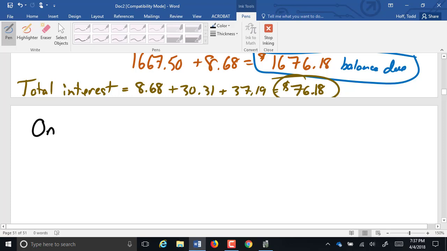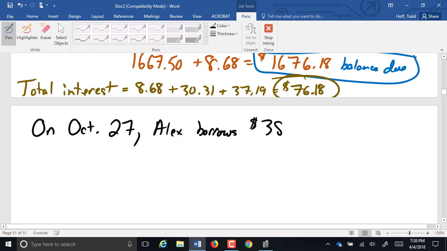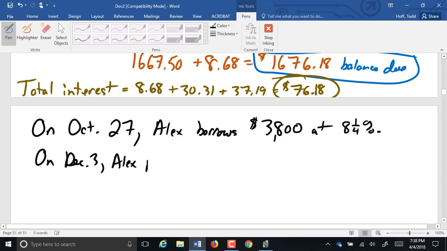On October 27th, Alex borrows $3,800 at 8.25%. On December 3rd, Alex pays $1,000.